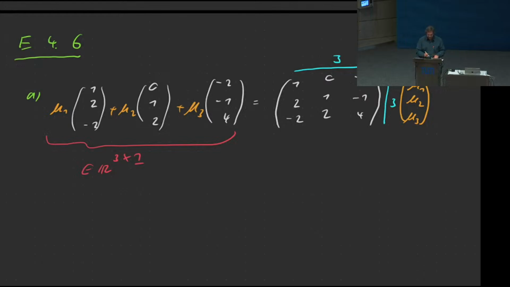Matrix times a vector with the vector on the right is the same thing as doing a linear combination of the columns of the matrix. And the entries of my vector are the coefficients of my linear combination. Rows work similarly.